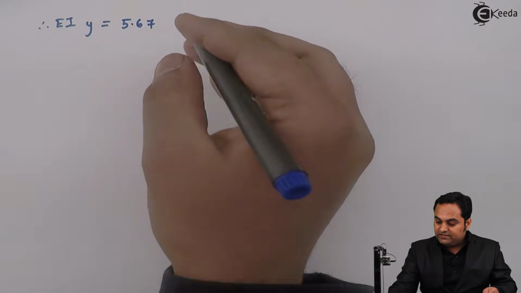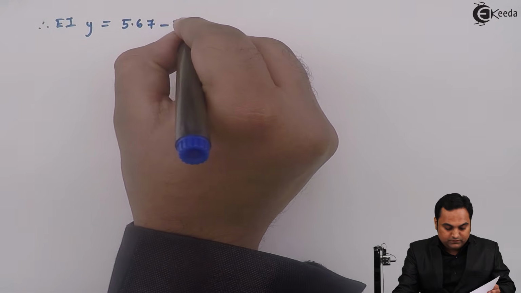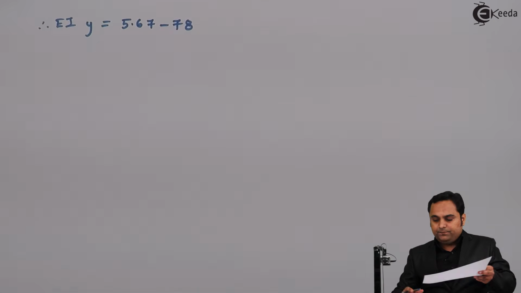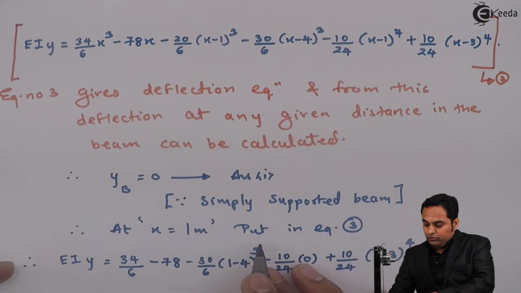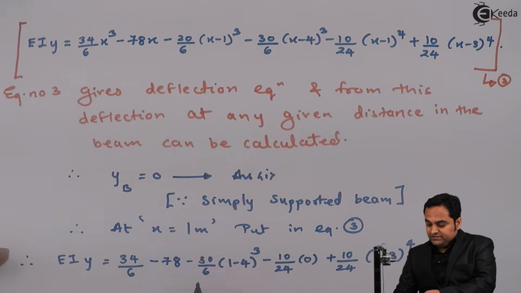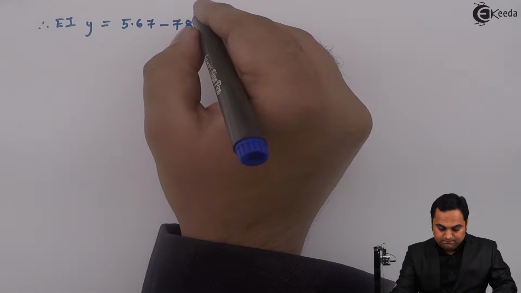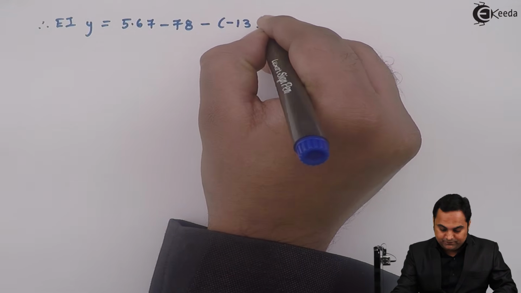Next we have minus 78, then it is 1 minus 4 cube into 30 by 6, so that is minus 135.